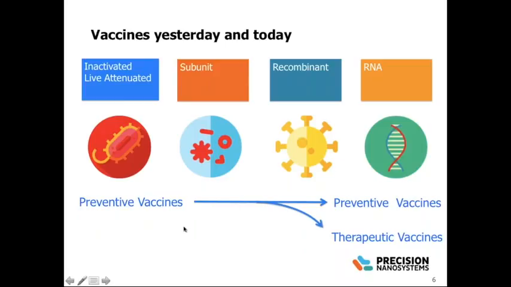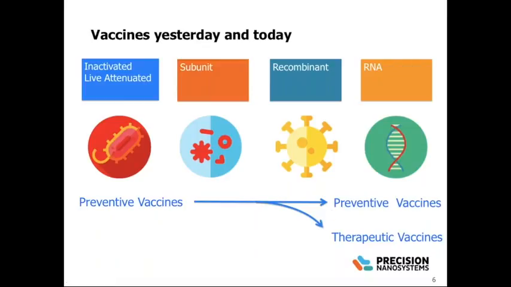Now, going back to the historical context, I think it's worth noting that with time, we have learned not only to improve the type of vaccines, but also how to use vaccine approaches and how to take advantage of our immune system to modulate our immune response, not only for preventing diseases, which is what we do with preventive vaccines.